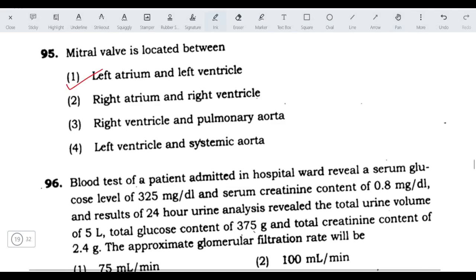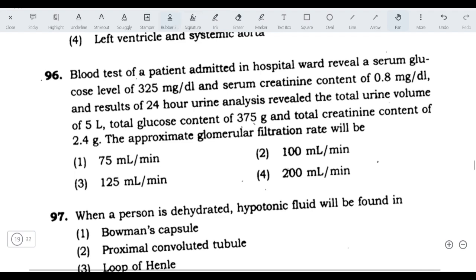Next question. Test of a patient admitted to hospital. Serum, serum getting result for serum. Total system.